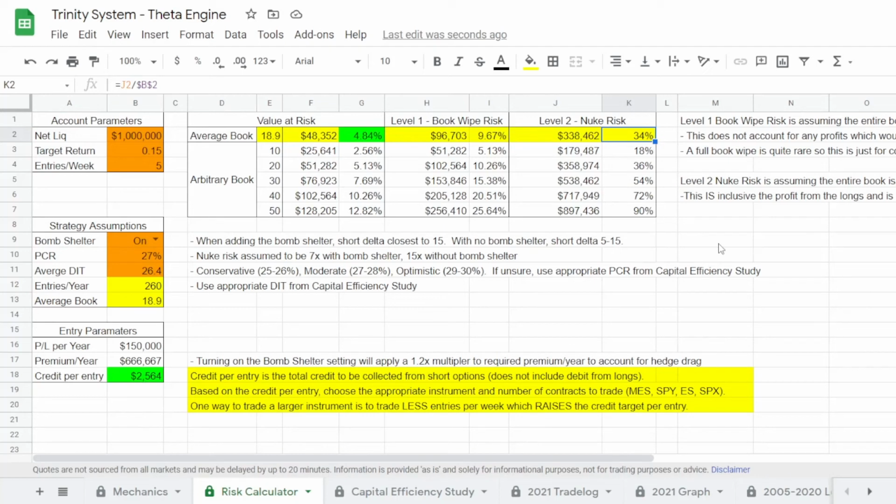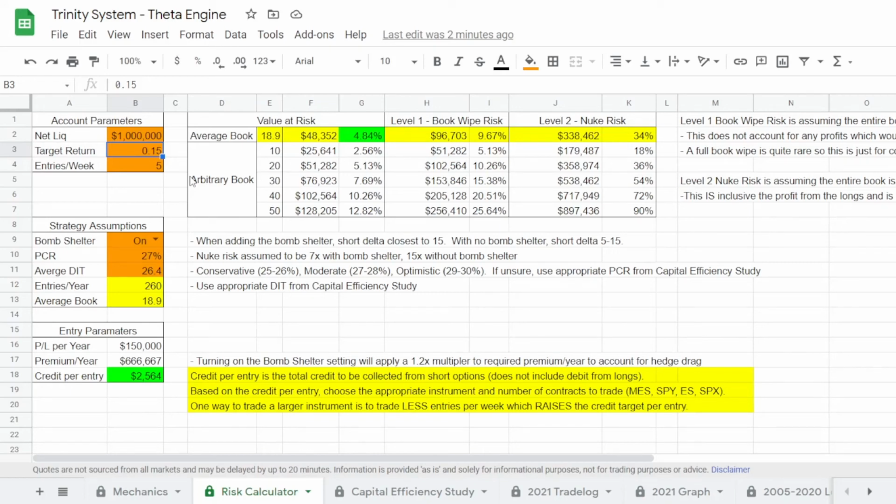And rather, you're not going to get wiped out. Again, that's sort of an extreme circumstance, but it's another way for you to gauge, hey, what am I actually comfortable with in terms of sizing this up? Because again, the BP at this point, even targeting 15% return, if you're using the bomb shelter, you may very well only be using 20%, if that, of your capital, right? So clearly, if you're using 40%, 50%, it's going to be humongous, right?